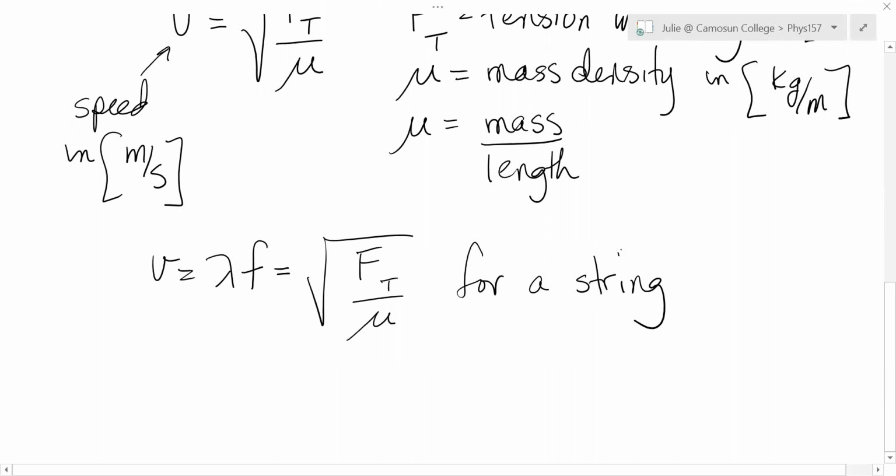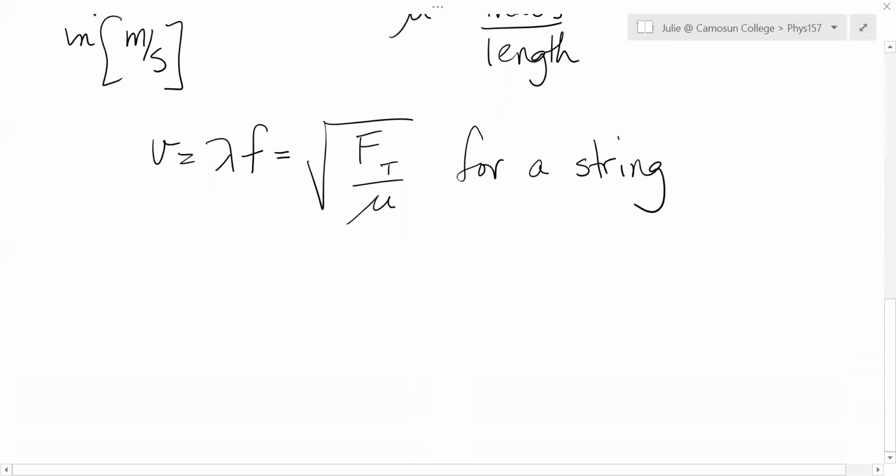Okay, now the video that I made on standing waves will show you how it works, what's going on. It requires interference of waves. It requires waves traveling both to the right and to the left and interfering. And there will be questions on your Mastering Physics that deal with this kind of interference. So you'll have little examples where, say you have a pulse, a square pulse that's traveling along on a string.